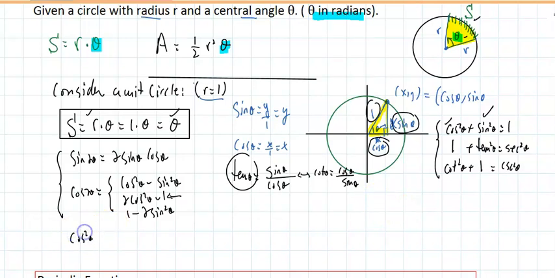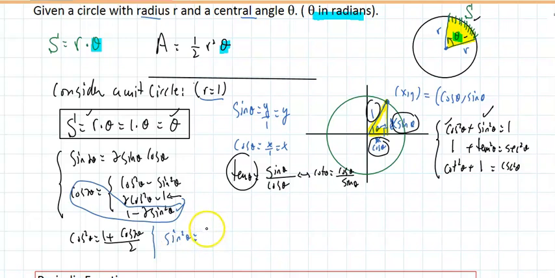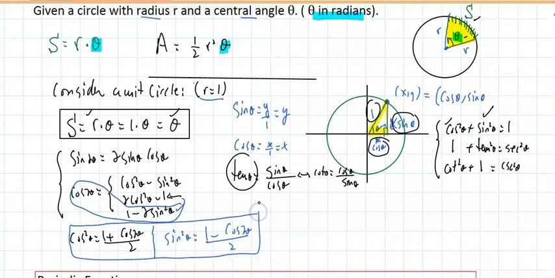The cosine squared of theta is 1 plus the cosine of 2 theta, divided by 2. If I take this equation and solve for sine squared, I will get sine squared of theta is 1 minus the cosine of 2 theta, divided by 2. You really don't have to worry much about half angles, but you need to know this in the long run.